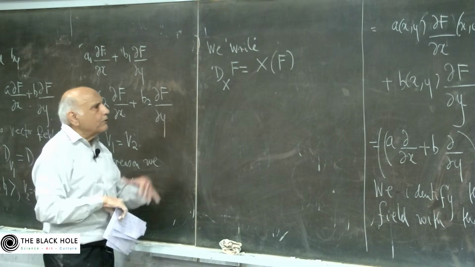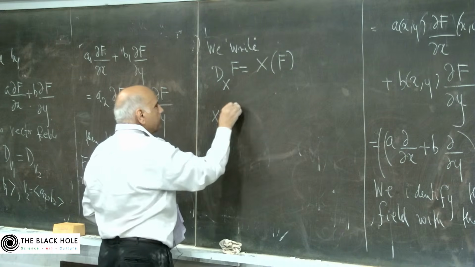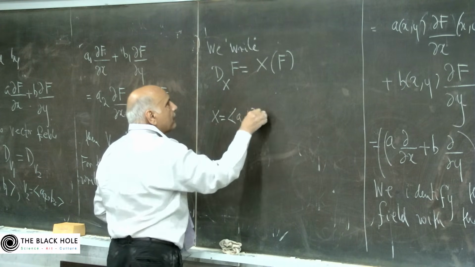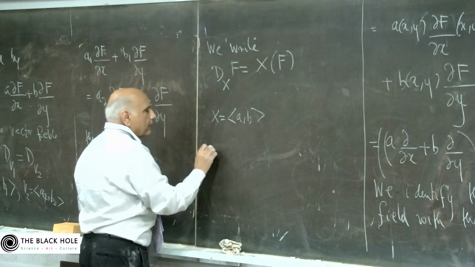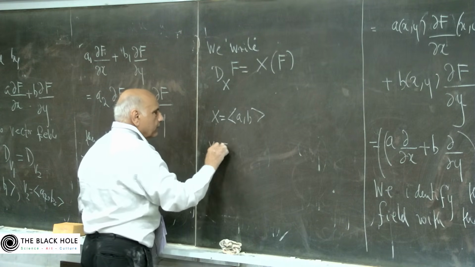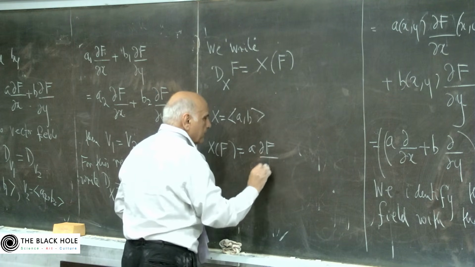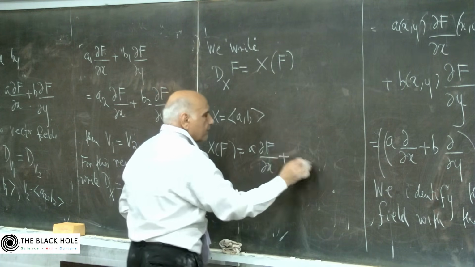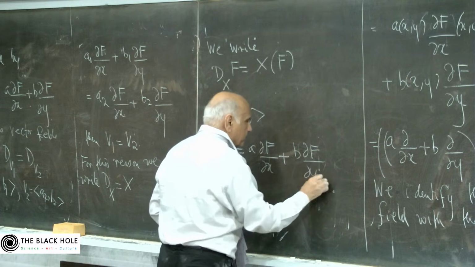What was x? If x is equal to (A, B), then x of f is equal to A times partial f by partial x plus B times partial f by partial y.